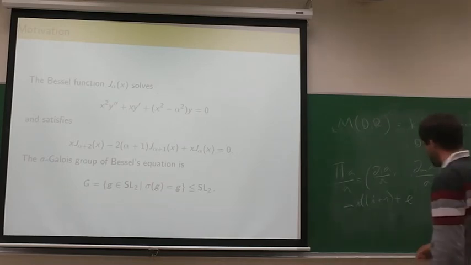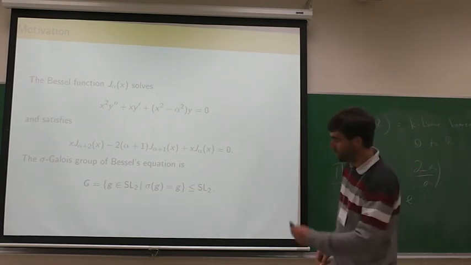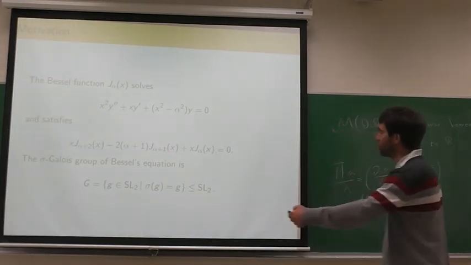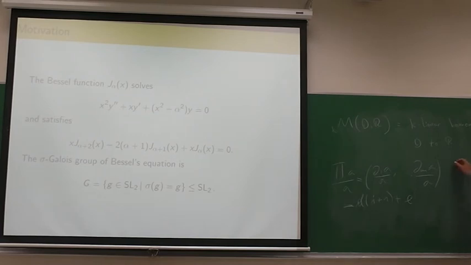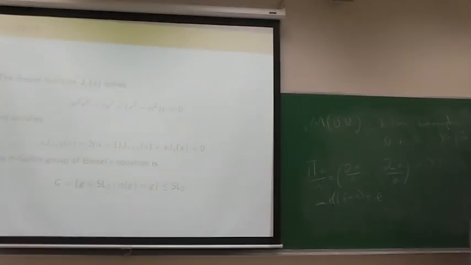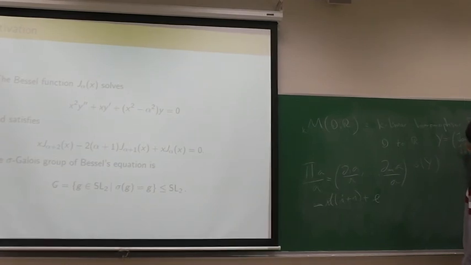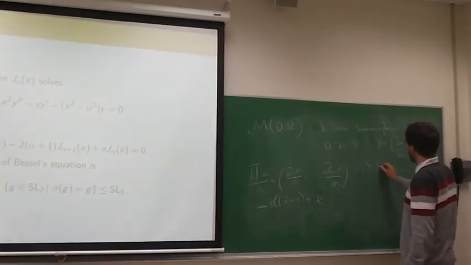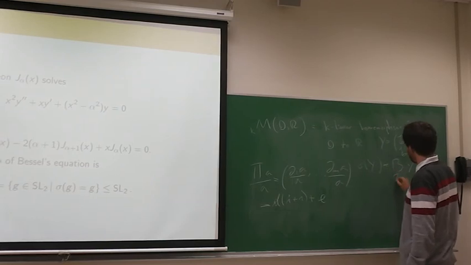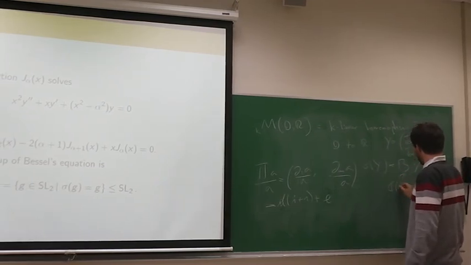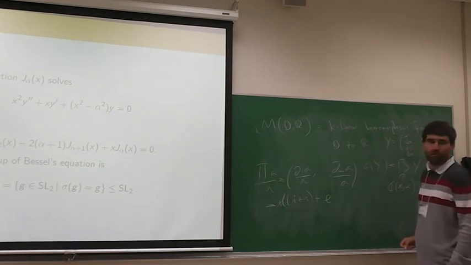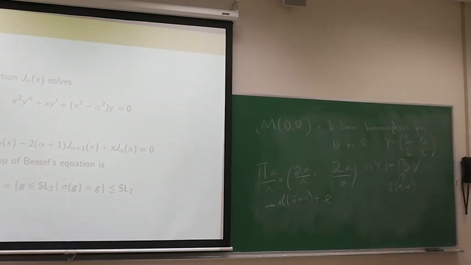There's a similar relation for the second Bessel function, and if you write the fundamental matrix with J alpha, Y alpha, the second, and Y alpha prime, then you can write it like this, where B is rational functions in x and alpha, and this equation really corresponds to this equation.